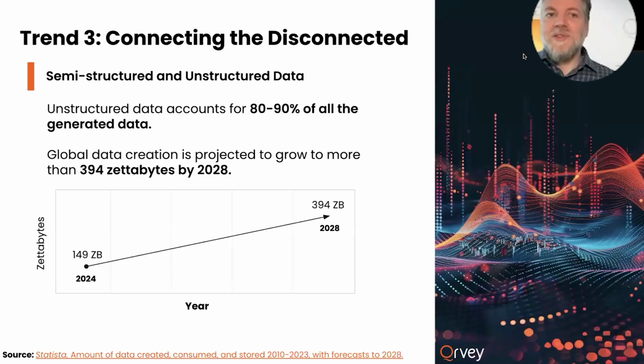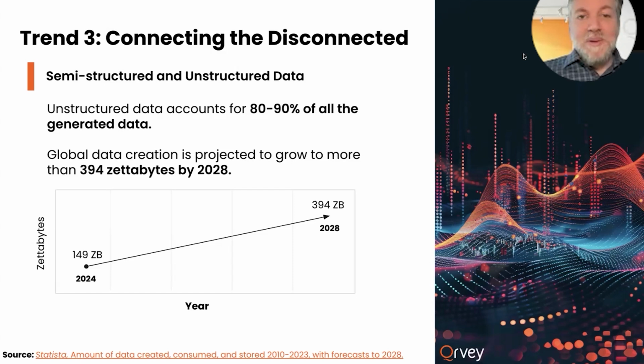Let's talk about trend three, which is really about different types of data. So how do you connect all of that disconnected data, semi-structured, unstructured data? And obviously the trend here is unstructured data is really just blowing up. Reports are showing it accounts for nearly 90% of all of the generated data that's out there.